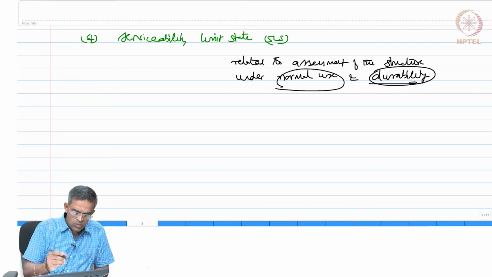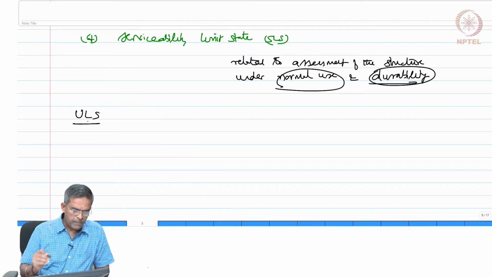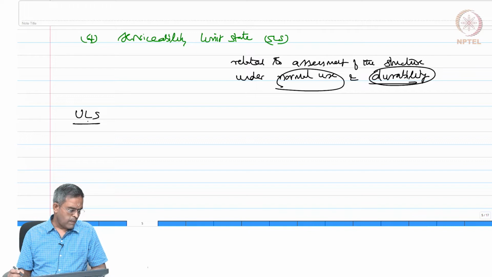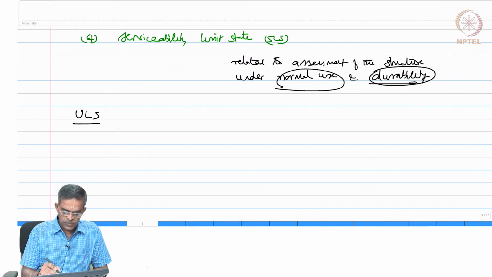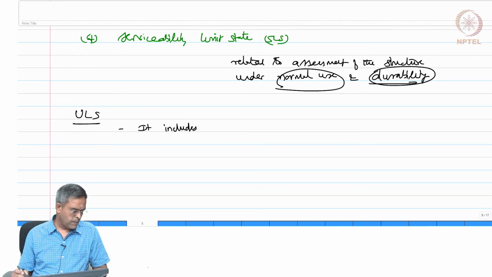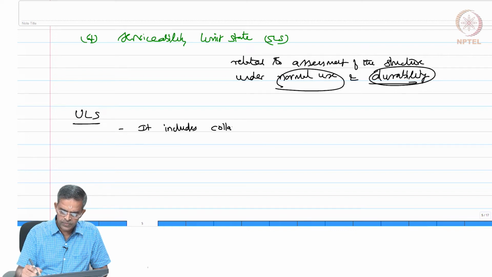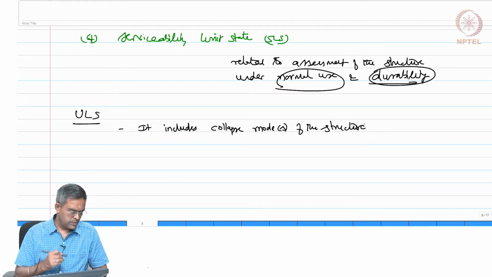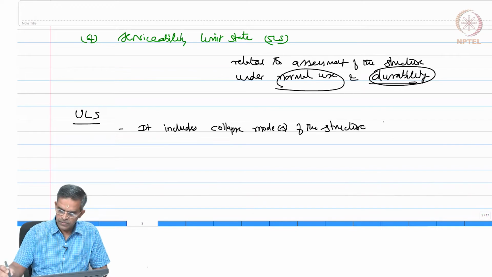Let us look into the ultimate limit state and the other limit states in slightly more detail. What does ultimate limit state do? It includes the collapse mode of the structure caused due to excessive yielding.